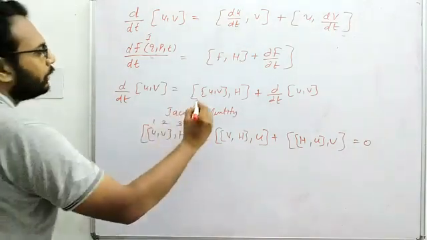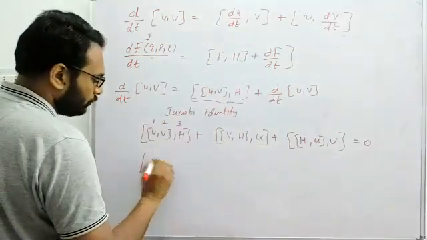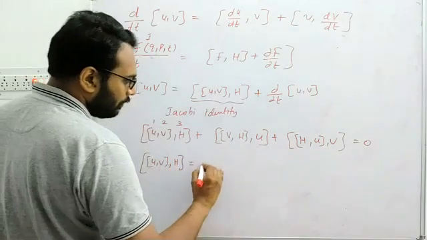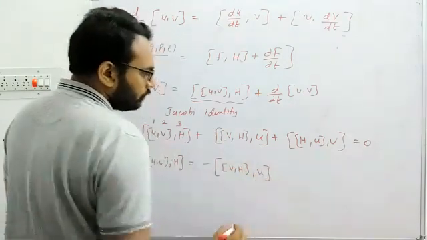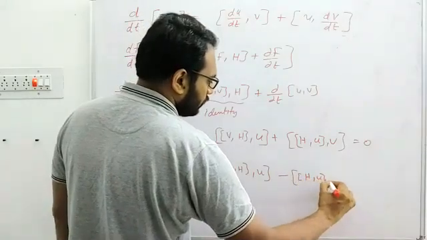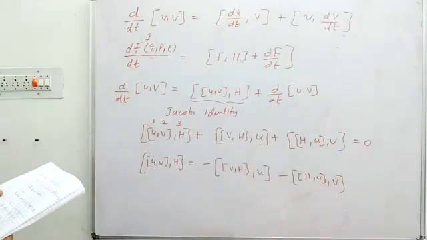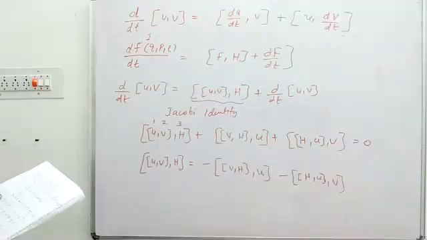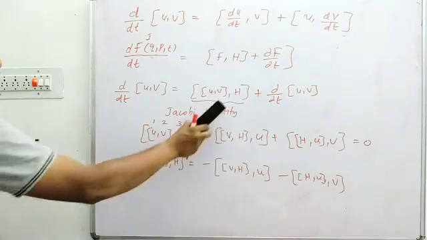So what we need here is {{u, v}, H}. We see that {{u, v}, H} is equal to minus {{v, H}, u} minus {{H, u}, v}. Is that correct? Yeah.